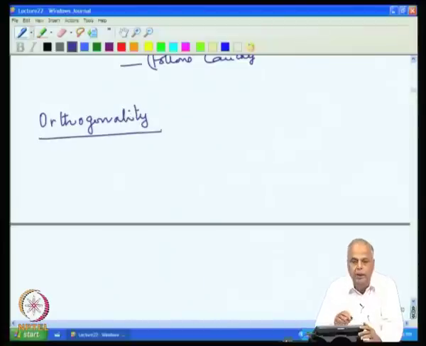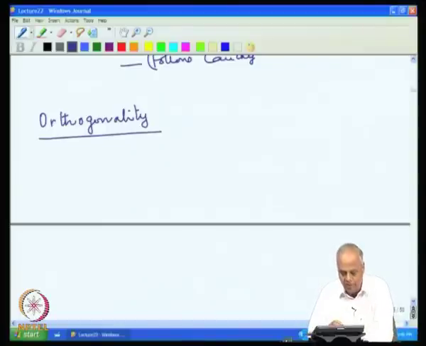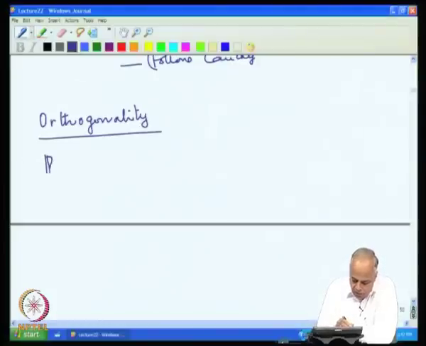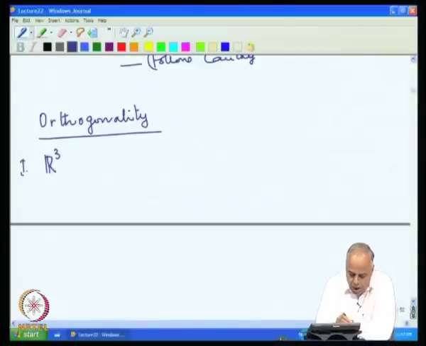The first implication of the inner product is that it induces the notion of a length; the second influence of the inner product is the notion of orthogonality. So, what do we mean by that? Again look at R 3.